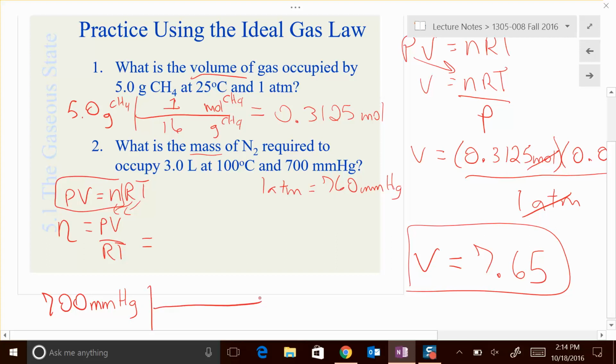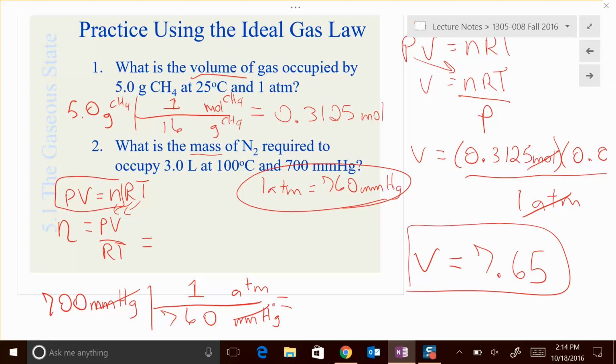So I need to convert from millimeters of mercury to atmospheres using this conversion. So what goes on top? 1. What goes on the bottom? So 700 divided by 760, what do you get? 0.921 atmospheres. Okay, good.